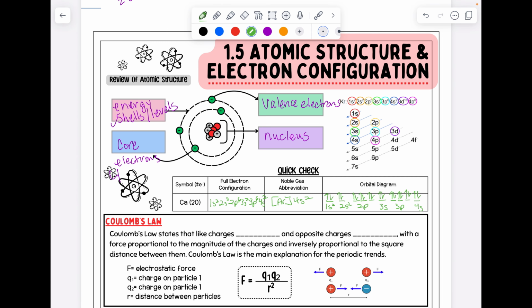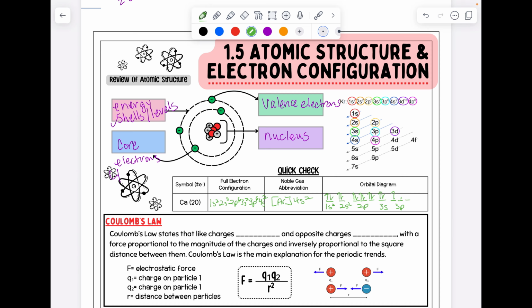So why does this matter? For calcium, it's hard to tell because they're all paired up. But say you had an odd number, and you didn't have the full p filled, it would look something like that. Or say you only have 3 electrons in the p energy level.